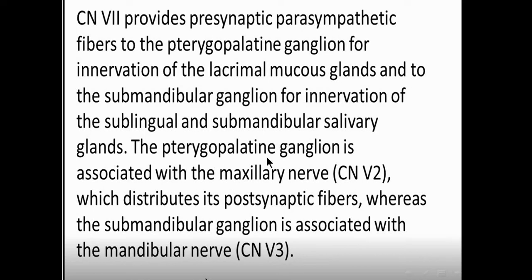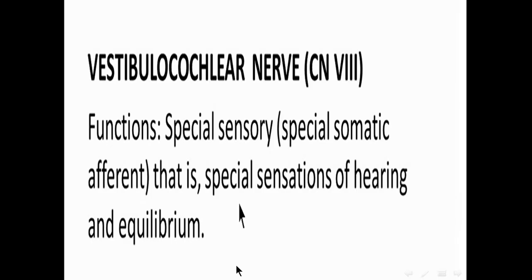The pterygopalatine ganglion is associated with the maxillary nerve, cranial nerve V2 of the trigeminal, which distributes its postsynaptic fibers, whereas the submandibular ganglion is associated with the mandibular nerve, cranial nerve V3 of the trigeminal.